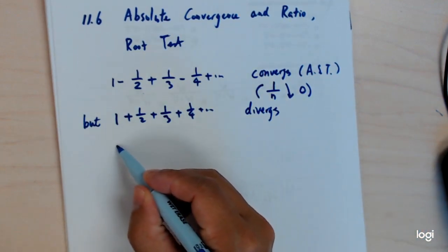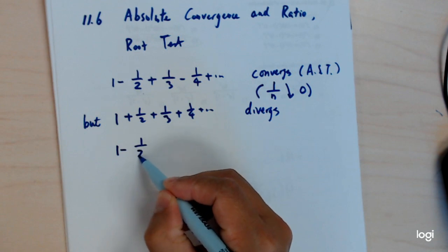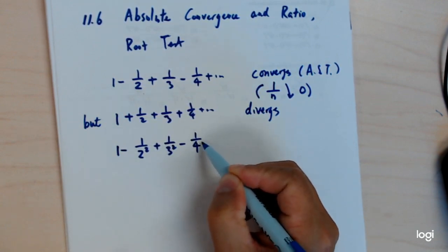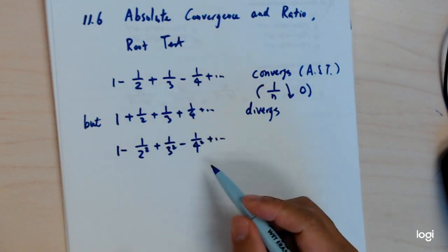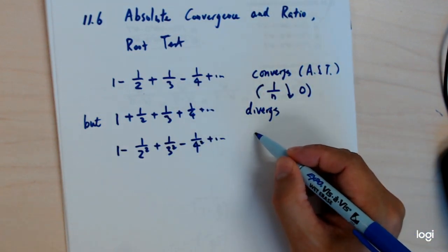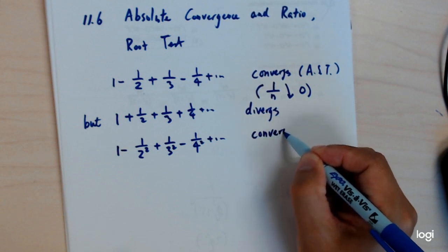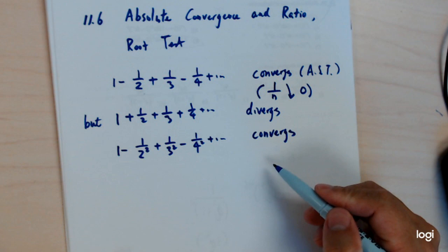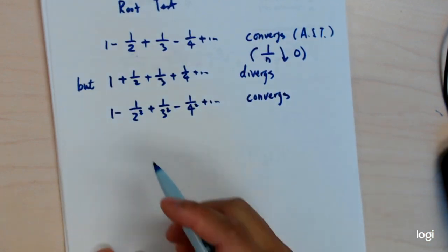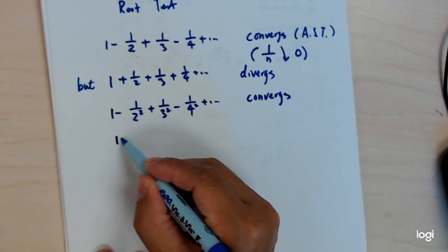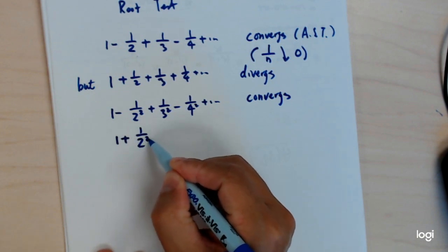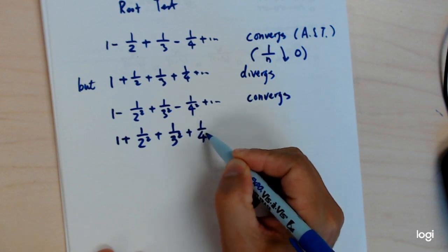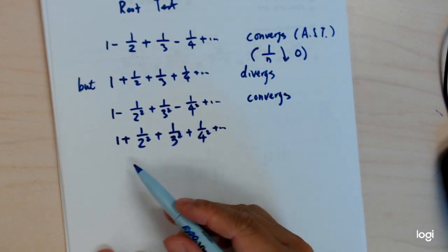Let's look at another example. Same reason. This is also an alternating series. The positive part also decreases to 0. So this one converges as well, by the same reason. And now let's take the absolute value of each component, which makes this a positive series. So what about this guy?